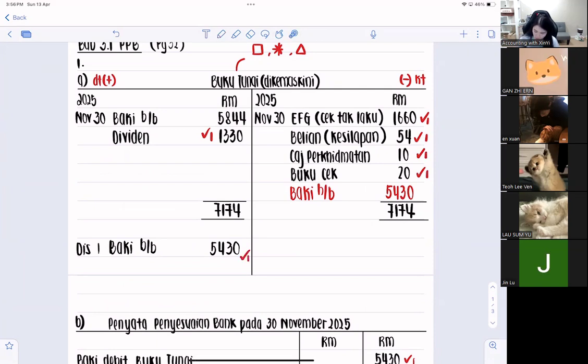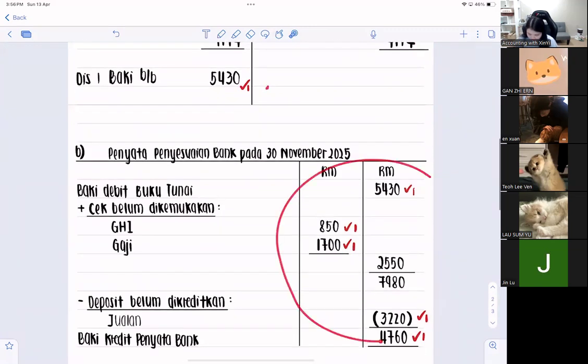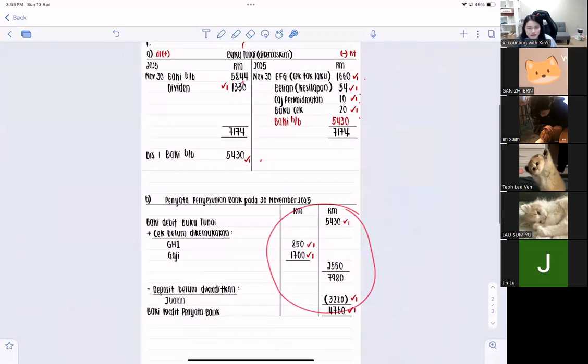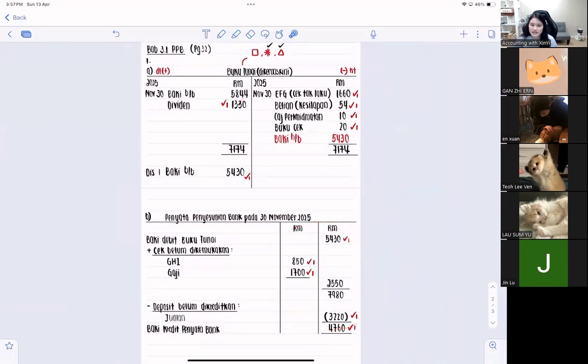So here is 1, 2, 3, 4, 5, 6 marks plus 5 over here. It's 11 marks, okay? So where else is the marks given? I say maybe it will mix with another question. So it is possible for penyata bank to be a bahagian B question.